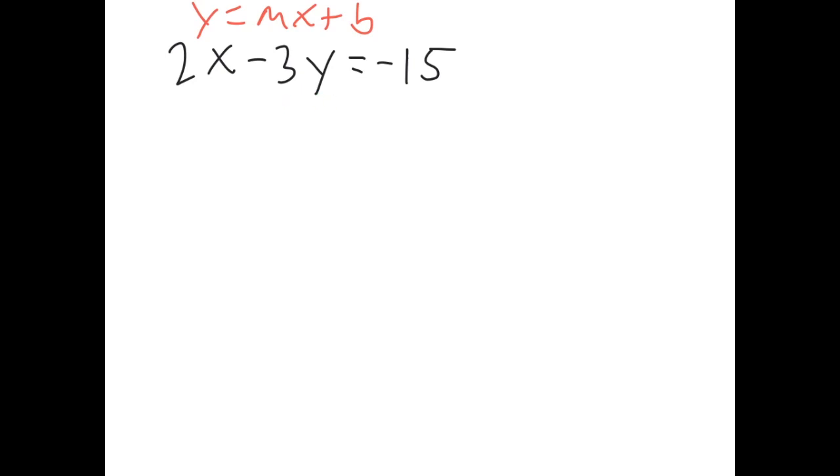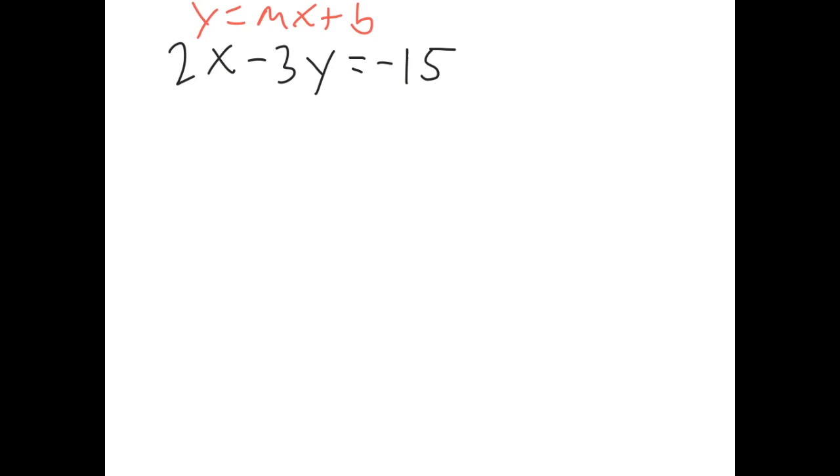Now, this can be a bit confusing because we've got two variables here, but it's actually not all that bad. So let's try it out. First, just like any problem, we have to undo what is happening to the y, and we have to undo the addition or subtraction first.